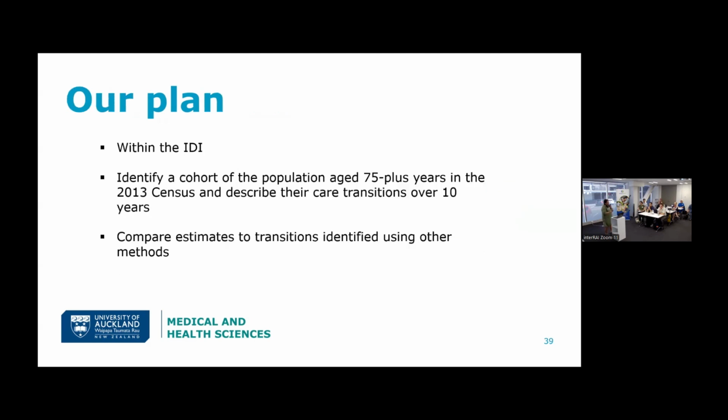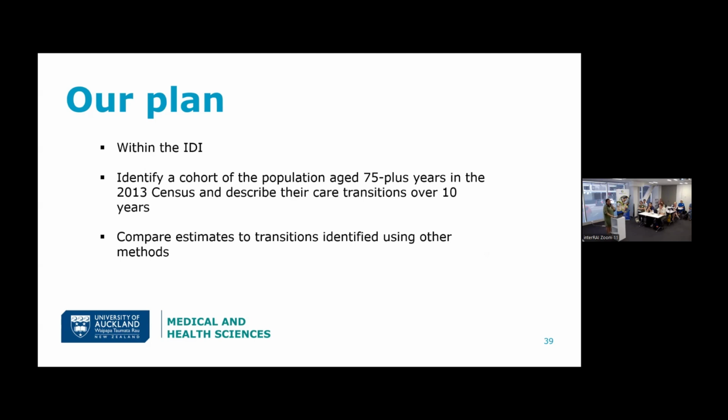So what was our idea? We wanted to look within the IDI for a way to identify age residential care placements, but with interRAI as the main data source, rather than the address notification table. What we're going to do is look at the population aged 75 plus in the 2013 census, and then look at all of their assessments over the 10-year period to determine whether they're in ARC or in the community, or whether they transition from ARC to the community.